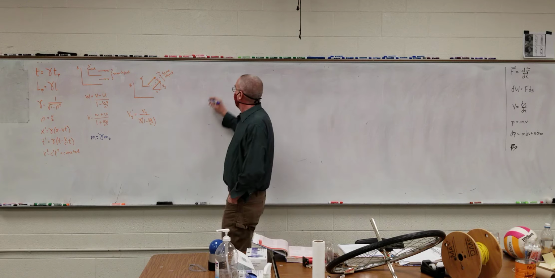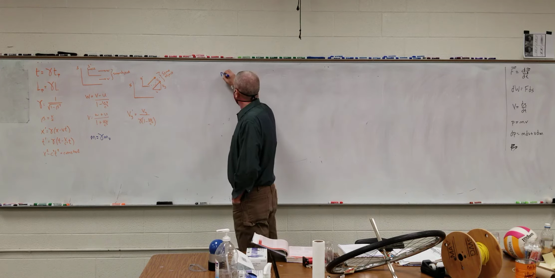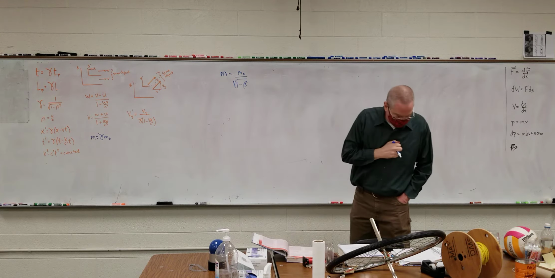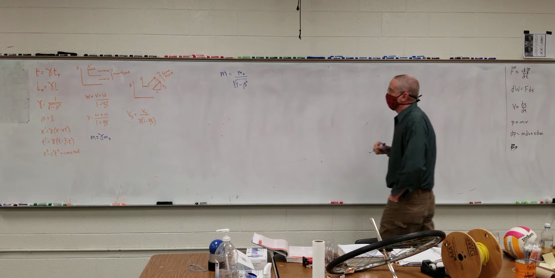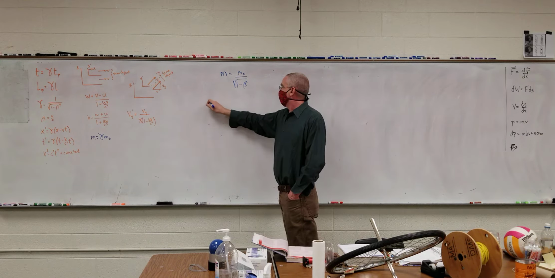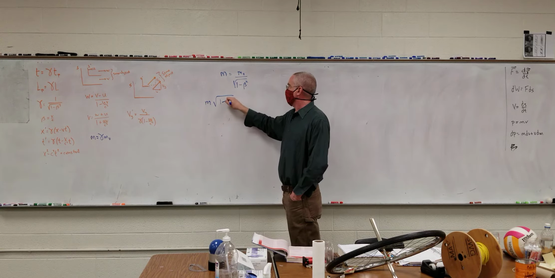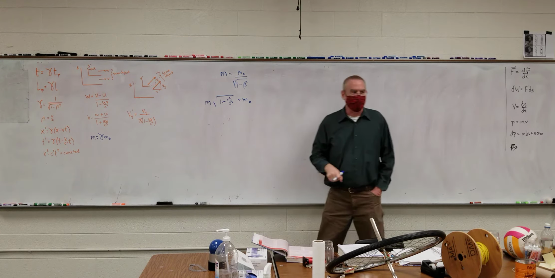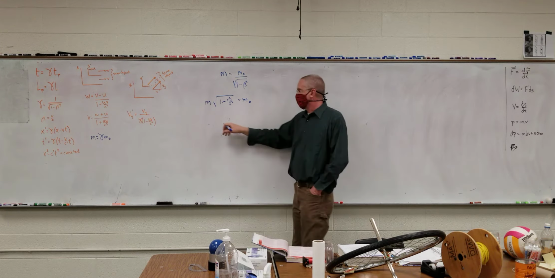All right, so the mass is equal to m sub naught over the square root of 1 minus beta squared. Eventually I need it in terms of v. Just going to multiply both sides by this denominator, so I have mass times the square root of 1 minus v squared over c squared is equal to m sub naught. I want to get rid of that radical, so square both sides.